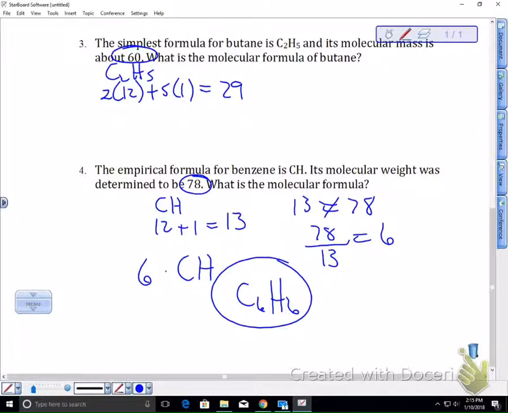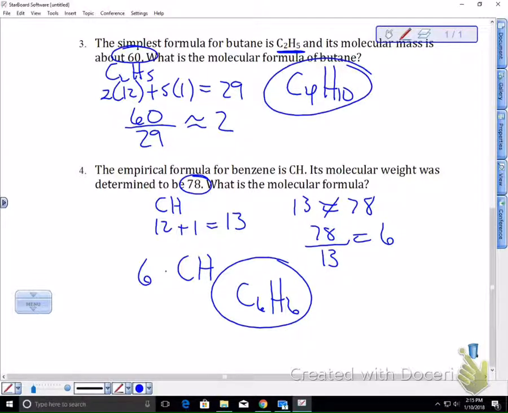Obviously those aren't the same numbers, so we're going to divide again. 60 over 29. And it doesn't come out to be exactly a whole number. Remember, we aren't doing a very good job of rounding here a lot of the times, but that is very close to 2. So let's multiply 2 by the empirical formula, and we're going to get C4H10, which is the real world formula for butane.